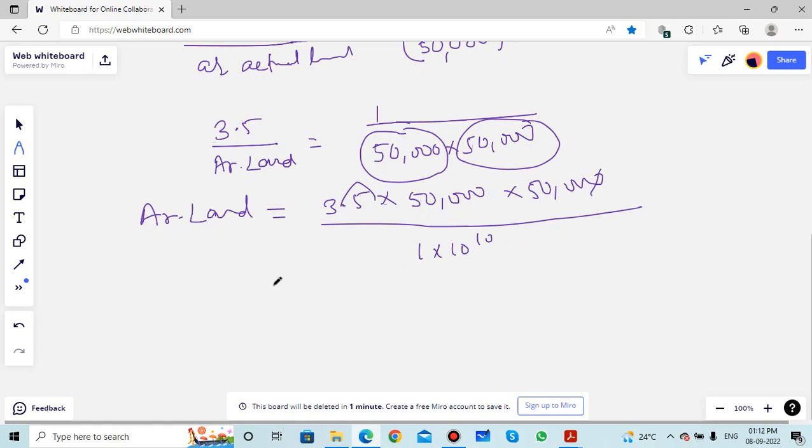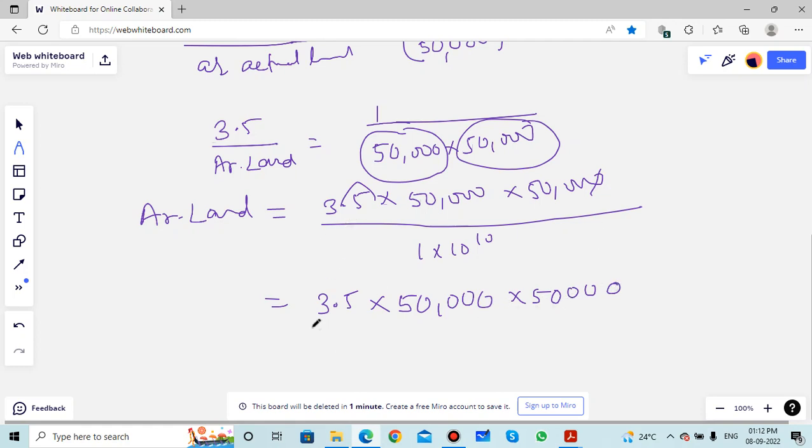So if you solve it, it will come as 3.5 into... it's not 50,000. 1 0 was cancelled.